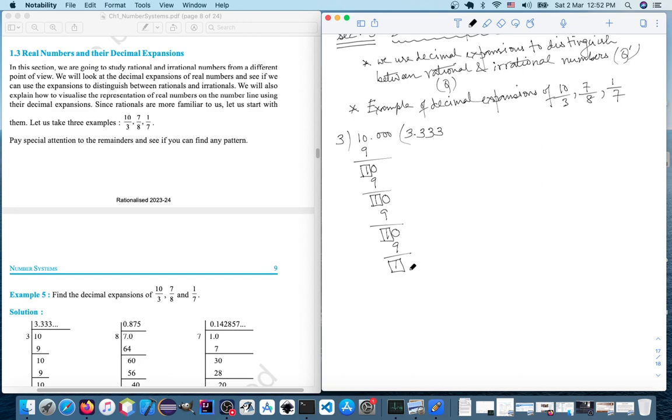We will keep on having this 1 as remainder. It will never end. Okay, so now let's see what happens if you divide 7 by 8.